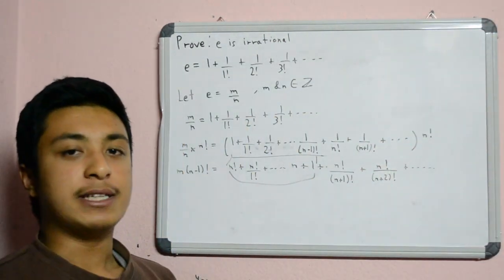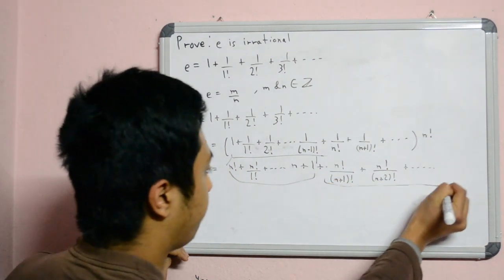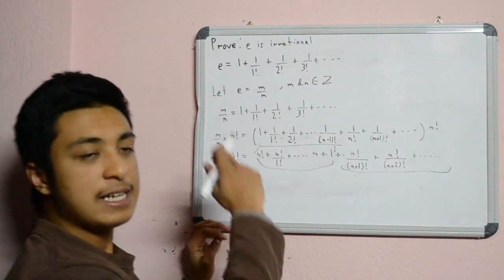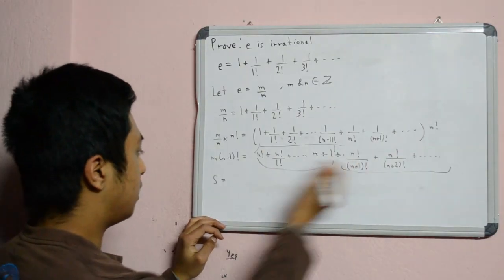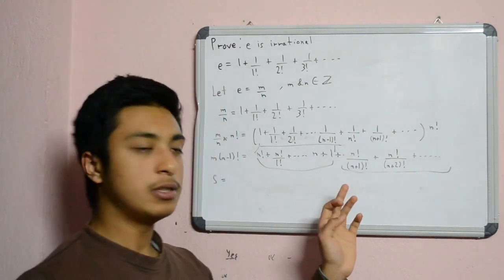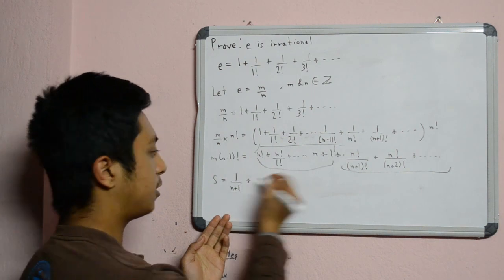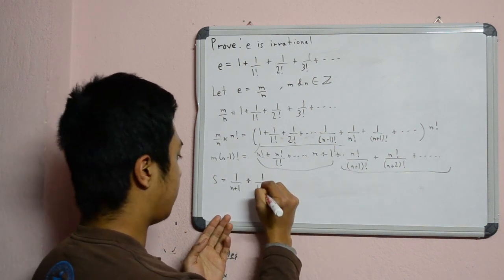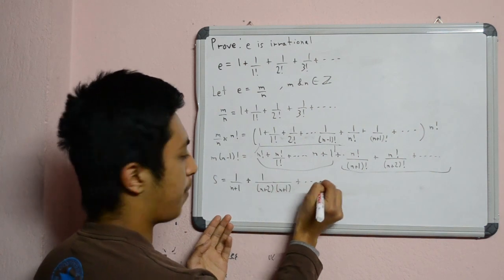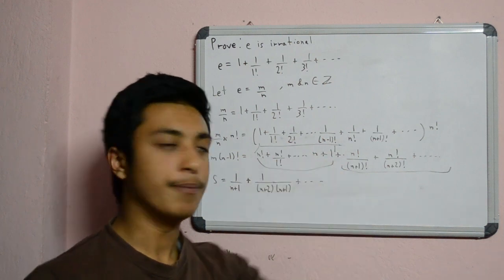But how do we do that? Let's just focus on this sum over here. Let's call that sum s, and let's simplify it. n factorial by (n plus 1) factorial will just be 1 by (n plus 1), plus, next will be 1 by (n plus 2)(n plus 1), and the pattern continues like that, then 1 by (n plus 3)(n plus 2)(n plus 1), and so on.